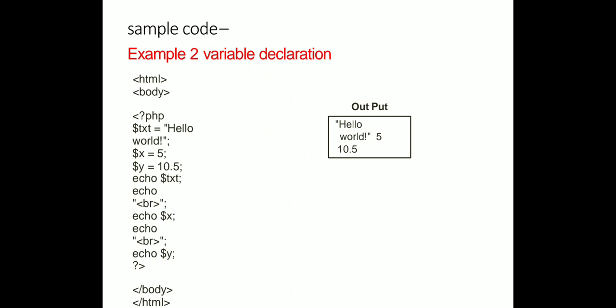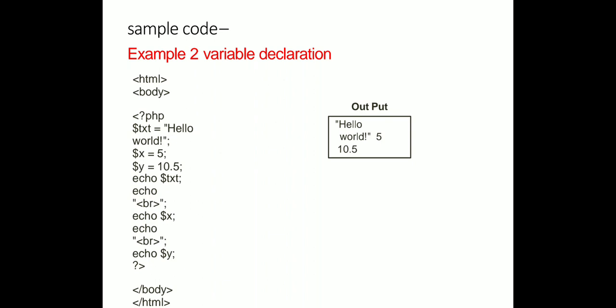Now I want to print the first variable, hello world. So I directly start with echo $txt. $txt holds the value hello world, and it will print hello world as it is. Then echo with a break statement, then echo $x and echo $y.